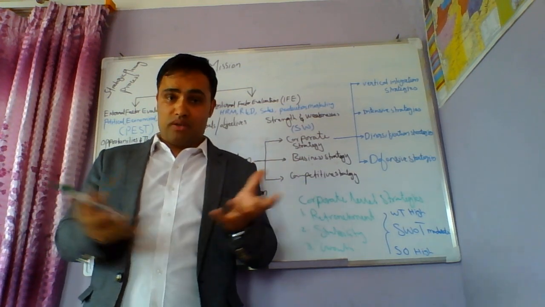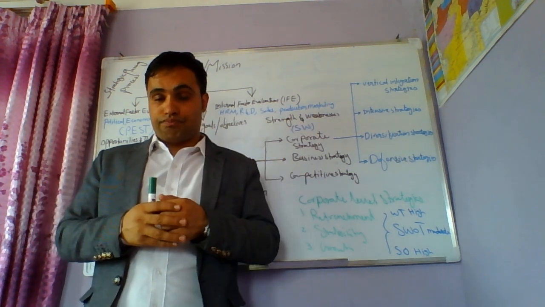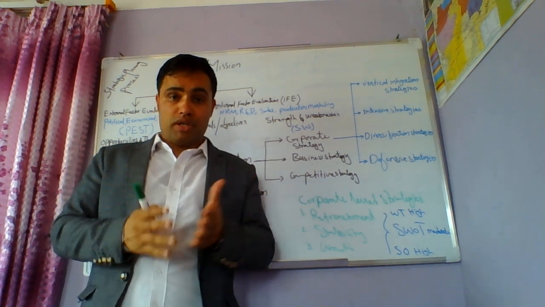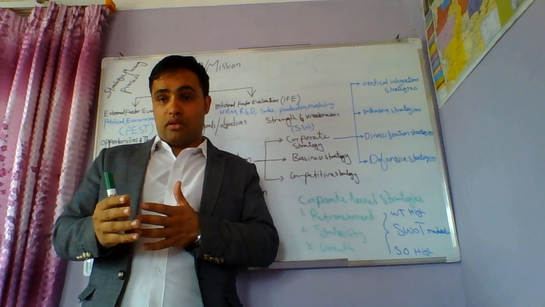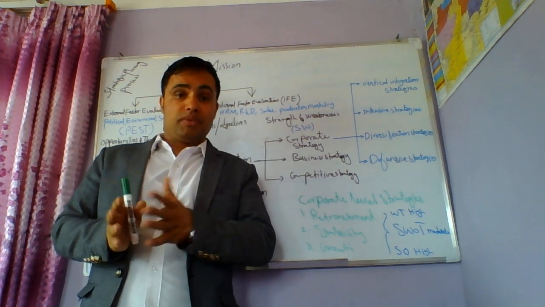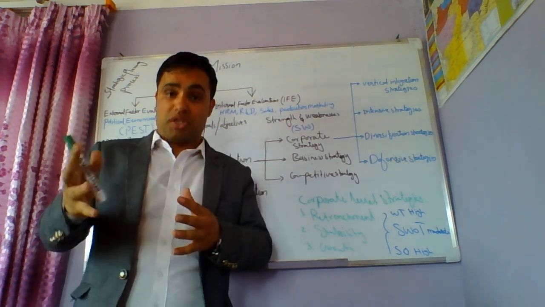It will go everywhere without any goal, without any objectives. It is useless. The rudder is the device that helps you navigate the ship properly to the destination that you want to reach.